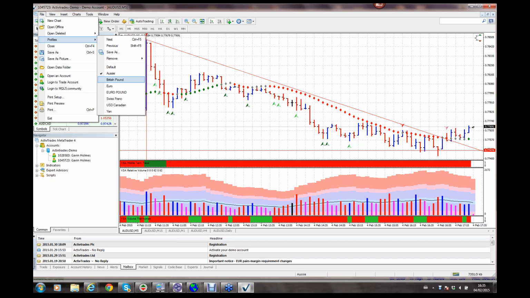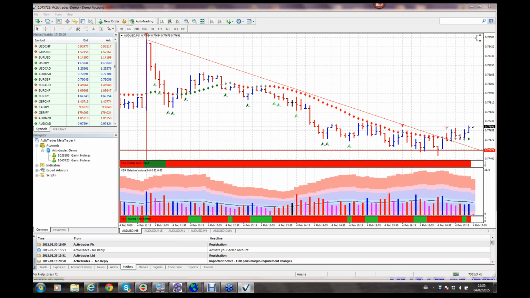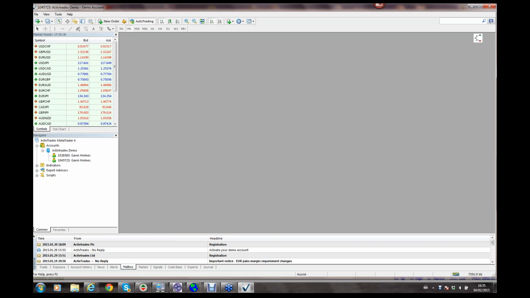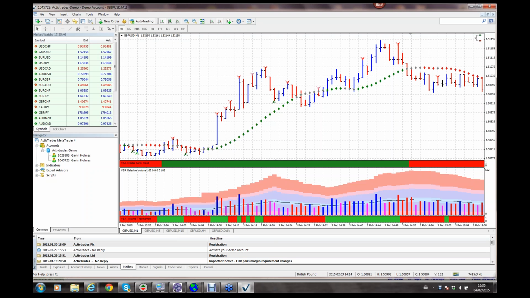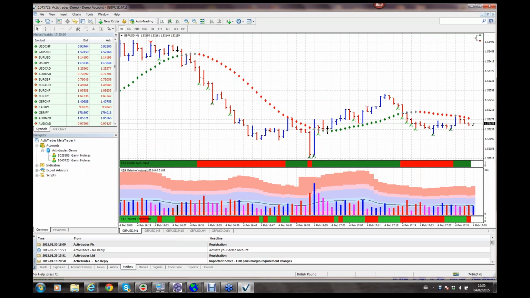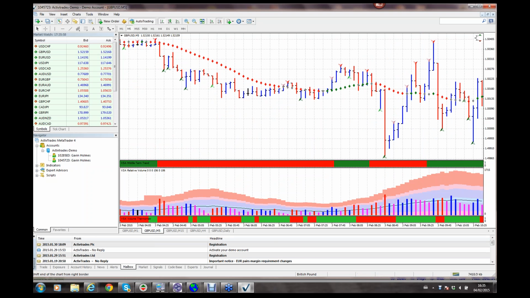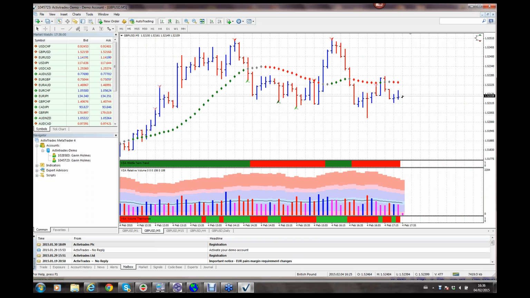Go to profiles, hit on British pound, we'll have a look. That actually looks like it wants to go up. I wouldn't be looking at a trade on the pound at the moment.